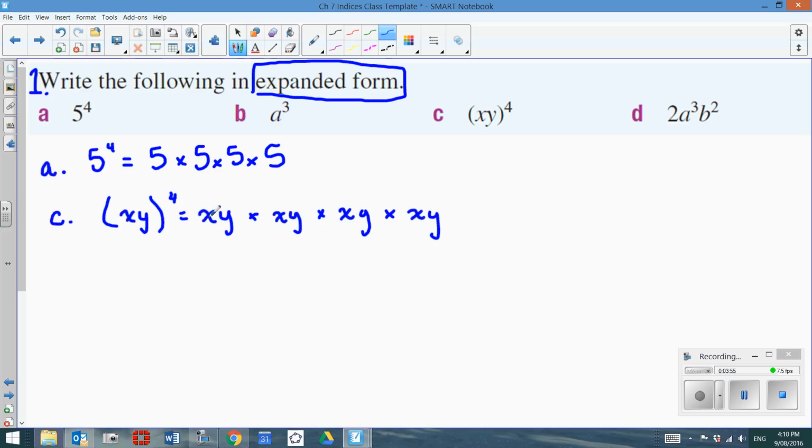So I really have 4 x's and 4 y's all multiplied by each other. Since I can multiply in different orders, I could also write all my x's, 1, 2, 3, 4, and then all my y's, and that would be the same thing. And if we don't see a sign, so there's no symbol between the x's, that also assumes we are multiplying.